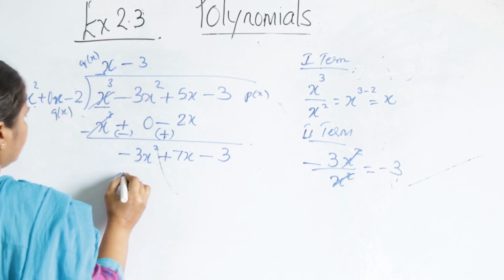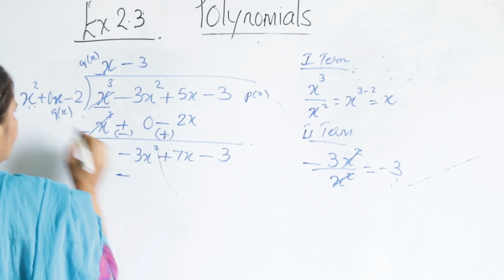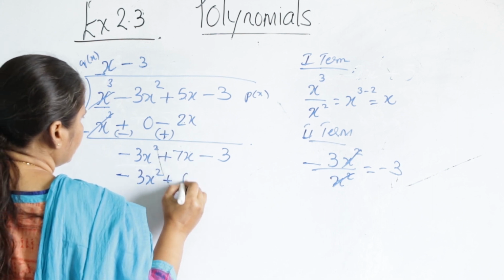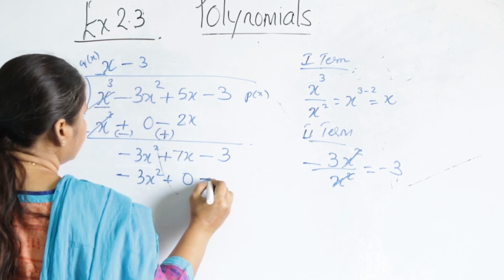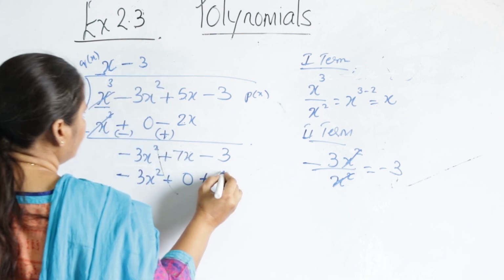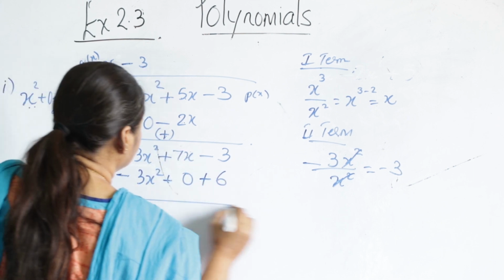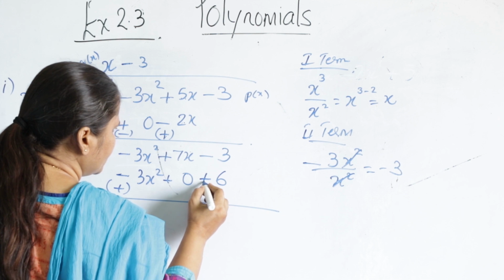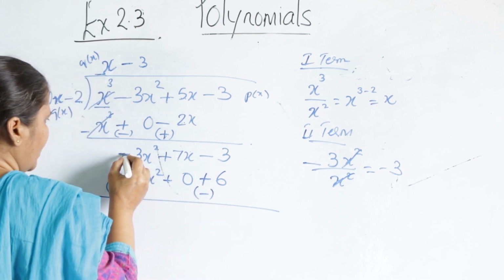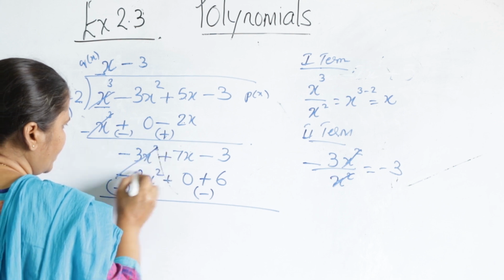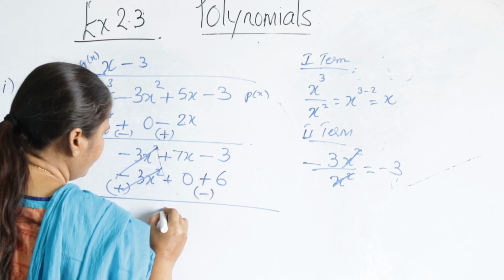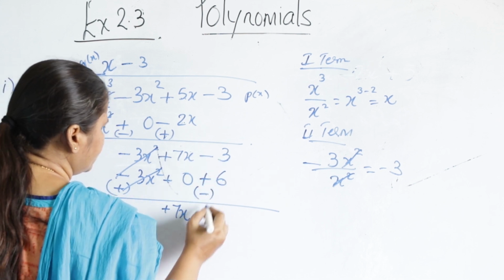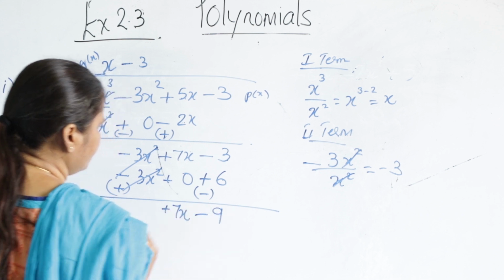Minus into plus, minus. 3 times x square, 3x square. 3 times 0, 0. Minus into minus, plus. 3 times 2, 6. Right? Sign change. Here, no need to do anything. This plus will become minus. Minus 3x square plus 3x square cancel. We have plus 7x. Minus 3 minus 6 is minus 9.